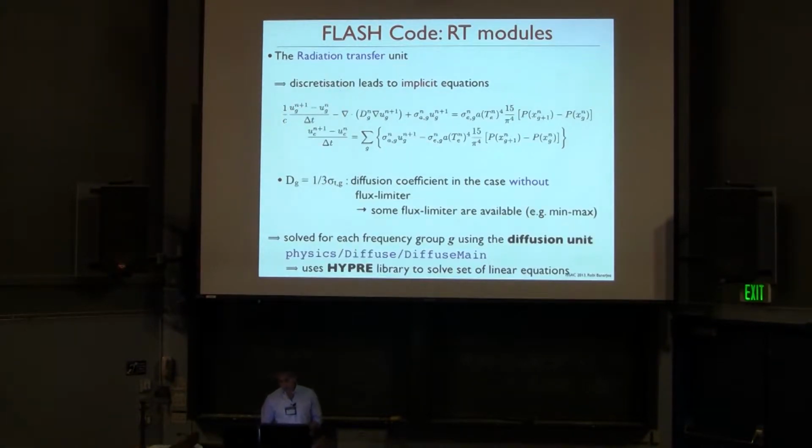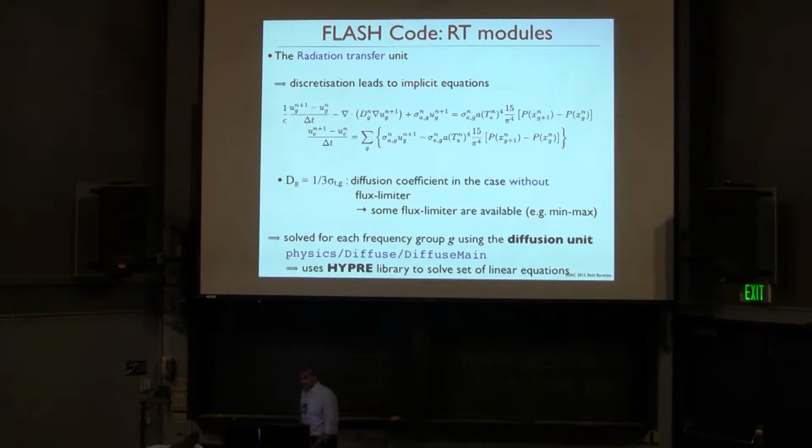If you try to discretize this equation, you end up with a so-called implicit equation, meaning that your advanced solution here depends also on the advanced solution which you don't yet know.